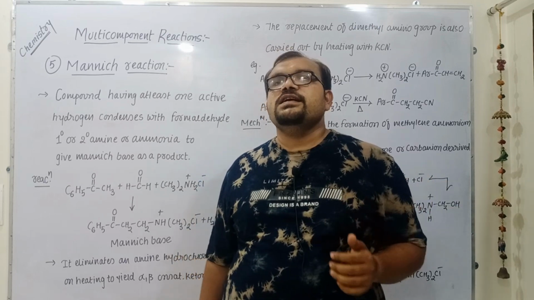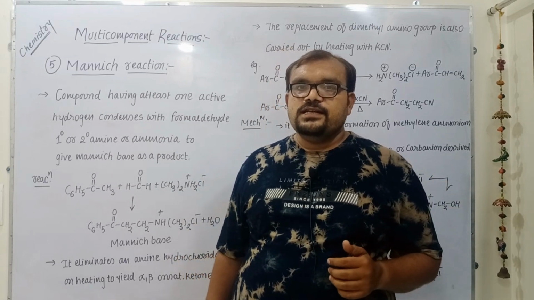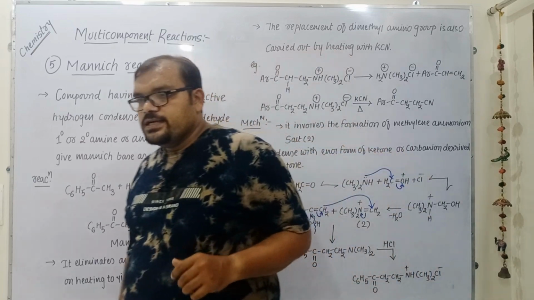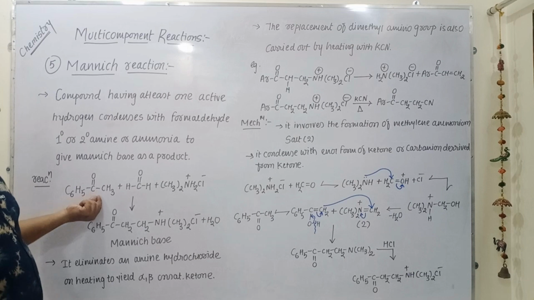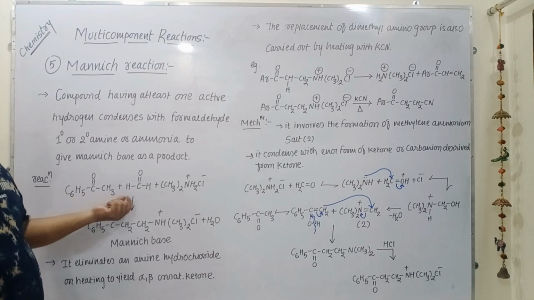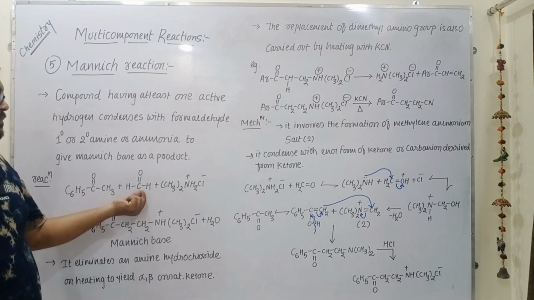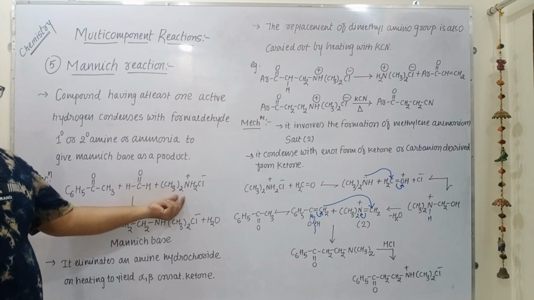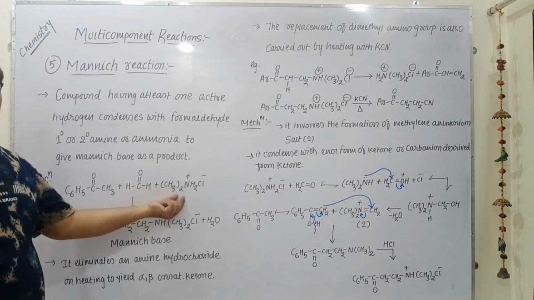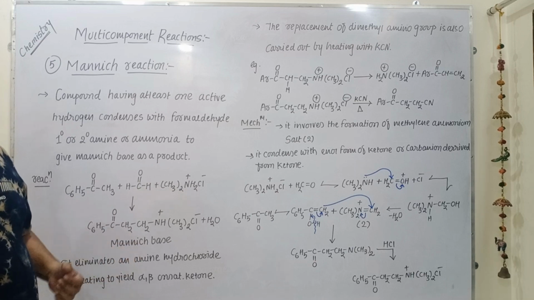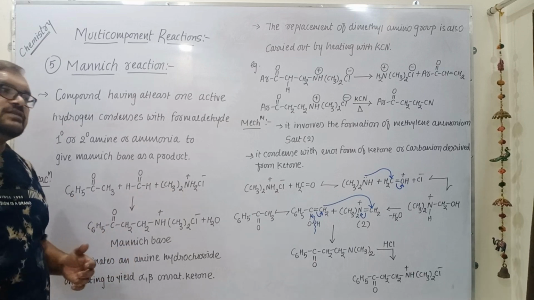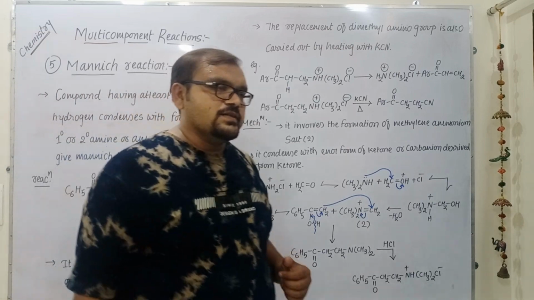Then such a reaction is known as the Mannich reaction. How? Let's see here that a compound having at least one active hydrogen combined with formaldehyde and a primary or secondary amine or ammonia gives a Mannich base as a product. Then such a reaction is known as the Mannich reaction.